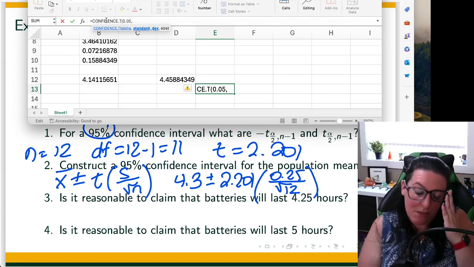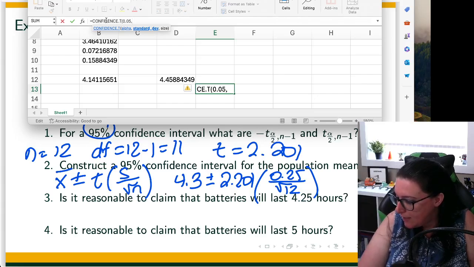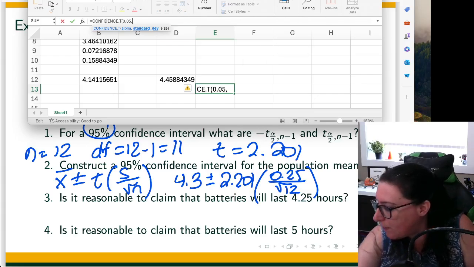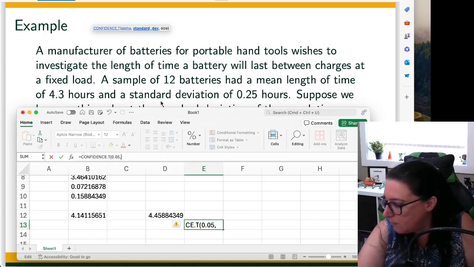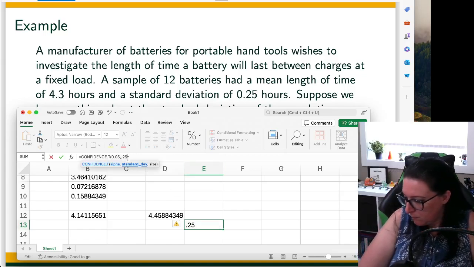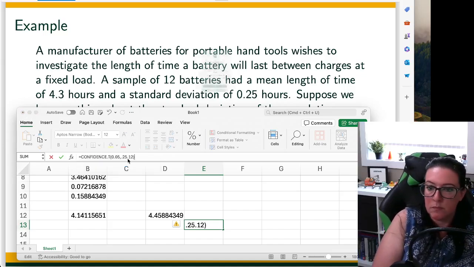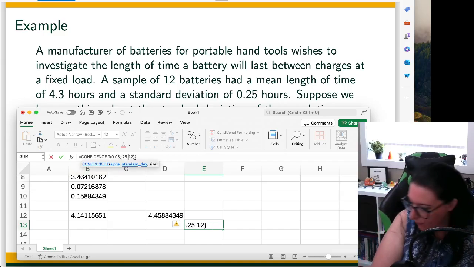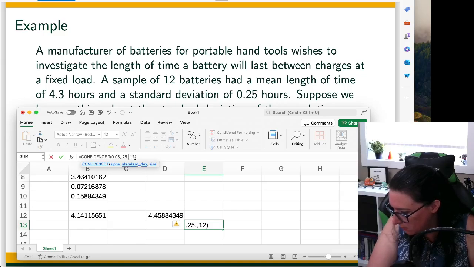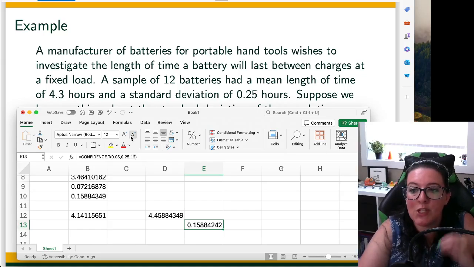So what's remaining is the 5% error. And the standard deviation here is the standard deviation for the sample, which was 0.25. And then our sample size was 12. And what did I do wrong? Missing a comma. All right, 0.05, 0.25, comma, 12. Okay. All right, so remember, this is just the margin of error.